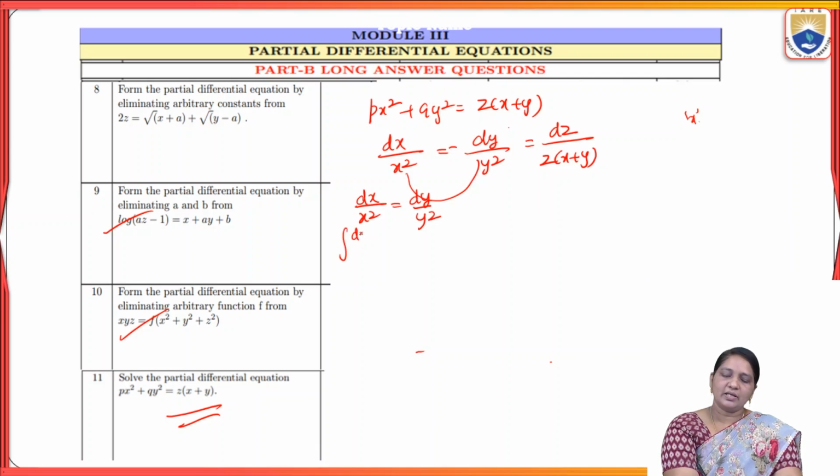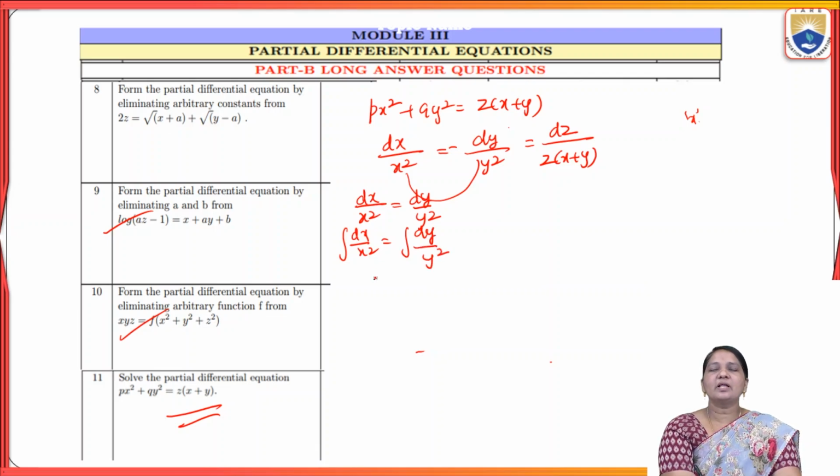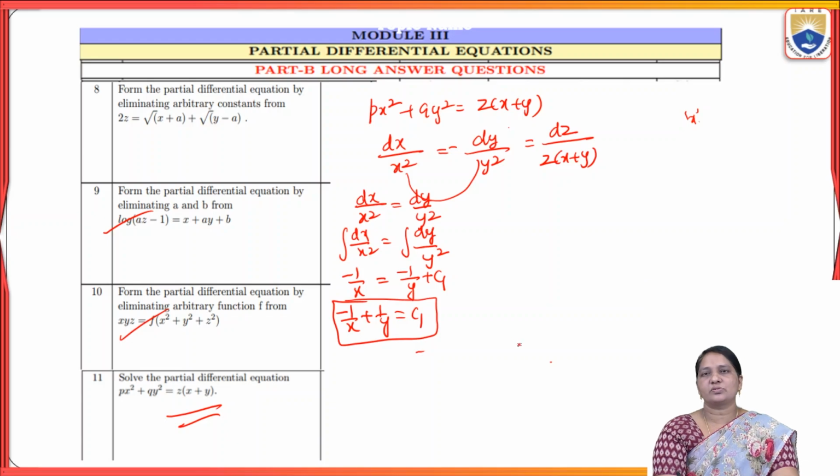Now integrate: ∫dx/x² equal to ∫dy/y². So the integral of 1/x² is −1/x, equal to the integral of 1/y², which is −1/y + c1. Finally this is −1/x + 1/y equal to c1. This is my first solution.